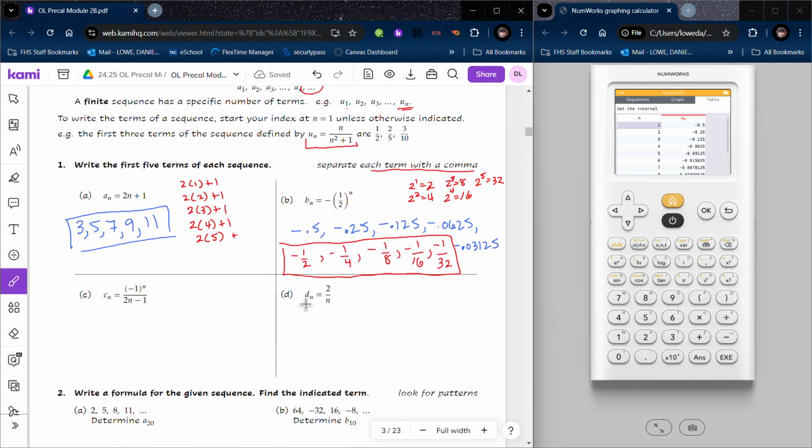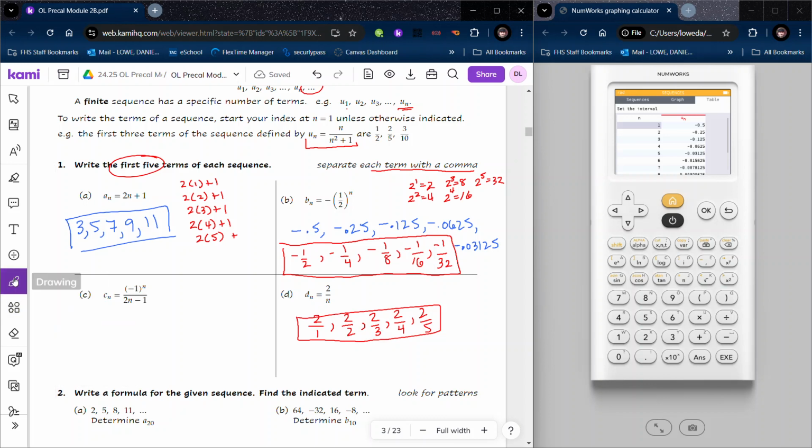Continuing, some of the problems are really straightforward. So if I wanted the first 5 terms and I'm looking at this sequence d sub n, well, that's going to be 2 over 1, 2 over 2, 2 over 3, and finishing out with the last couple of terms, those are my first terms.